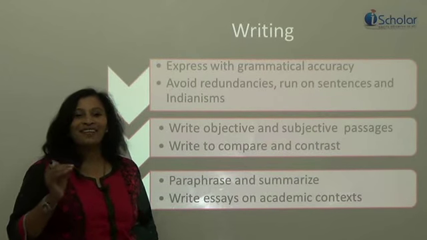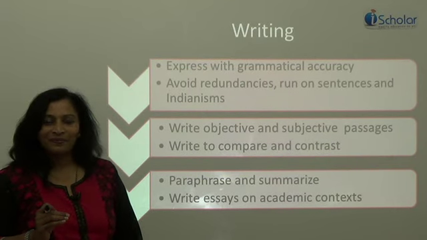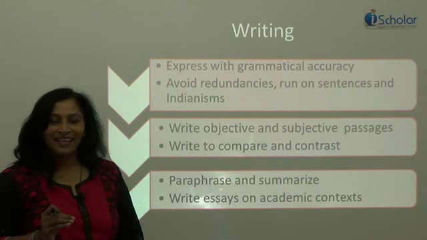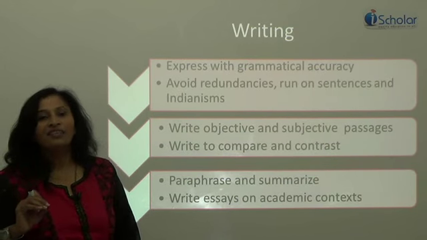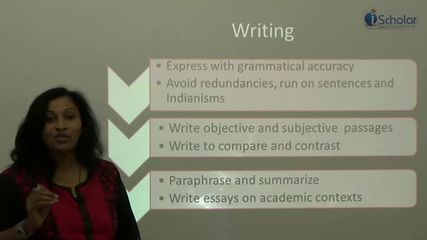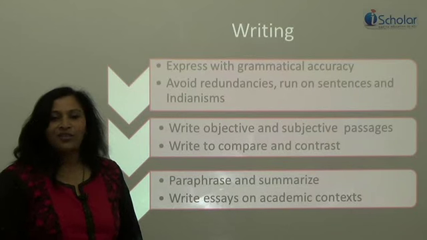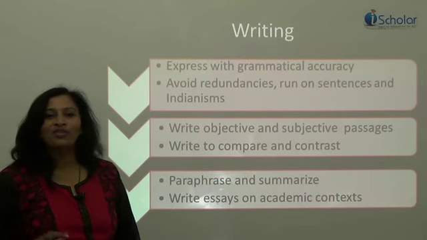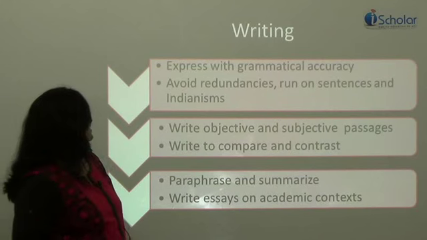One of the classic Indianisms I quote is, "What is your good name?" Why do we say that? Because it's a literal translation of the Hindi word Shubh Naam. Aapka Shubh Naam kya hai? So it's literally translated into "what is your good name," as if somebody has a bad name, right?